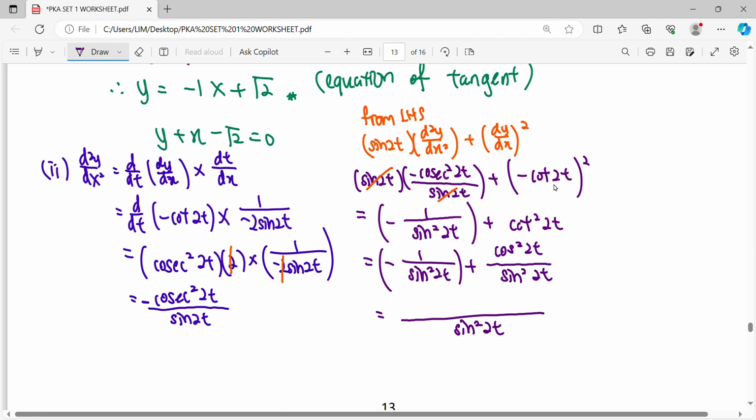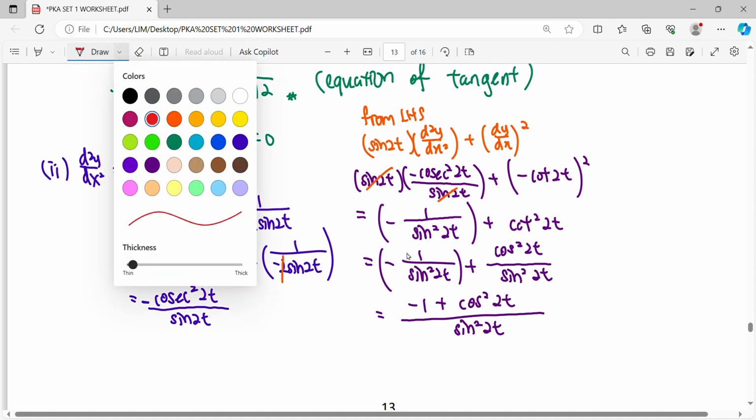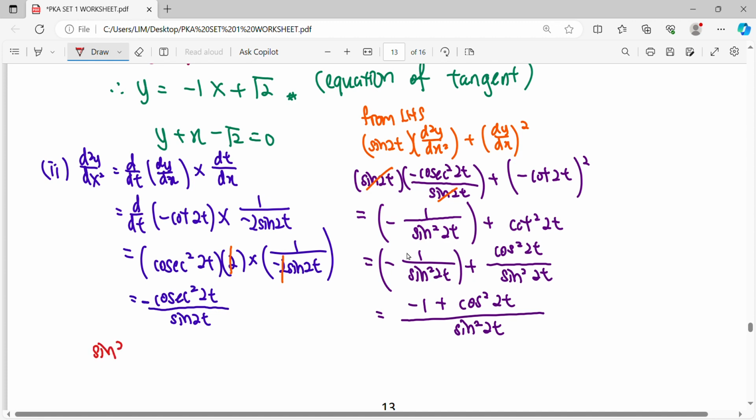Alright, and then the numerator, negative 1 plus cos square 2t. So can we simplify negative 1 plus cos square 2t? From the identity, as we know, sine square theta plus cos square theta equals 1. So when we have cos square theta minus 1, it is equal to negative sine square theta.